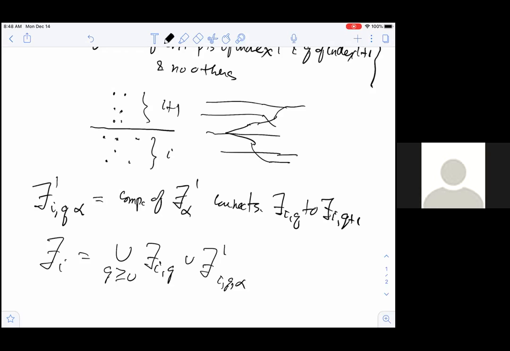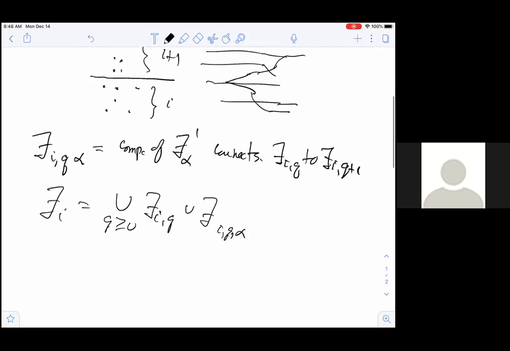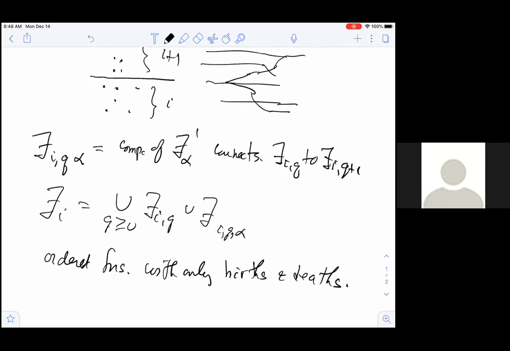So it's all graphics, all ordered functions with only birth and death.